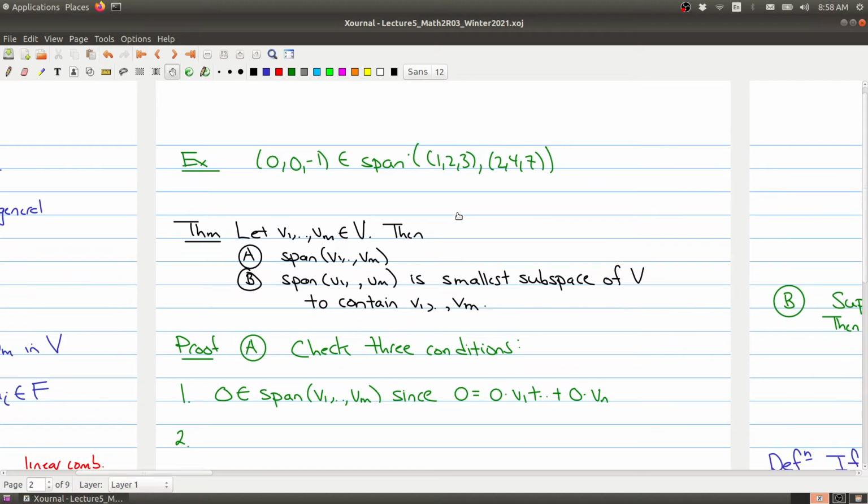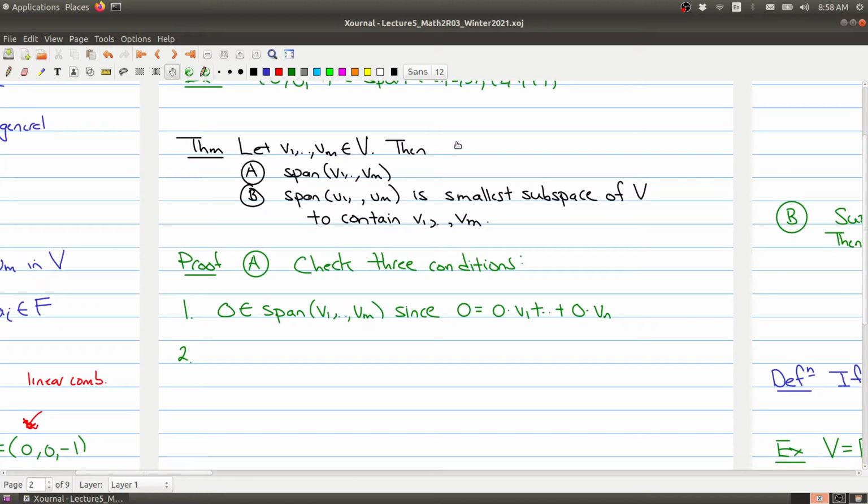We have a theorem here which tells us something about a span. If we take any vectors v1 through vm inside of V and form the span of those vectors, the span is always a subspace of V. This is great: we can take a collection of vectors, form its span, and build something that is a subspace inside of V. The second part, the useful property, is that the span of v1 through vm is the smallest subspace inside of V that contains all of v1 through vm.